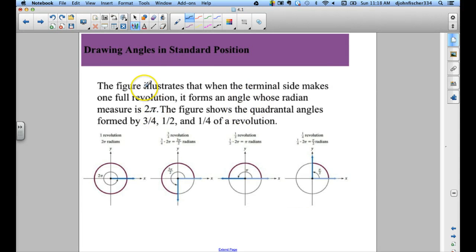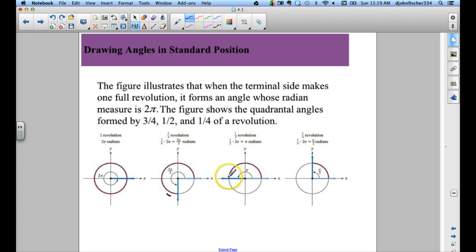Now drawing angles in standard position. The figure illustrates that when the terminal side makes one full revolution, it forms an angle whose radian measure is 2 pi. So all the way around the circle is 2 pi. The figure shows the quadrantal angles of 3/4, 1/2, and 1/4 of the revolution. So 3/4 of the way around the circle is 3 pi over 2, and I kind of drew that earlier.